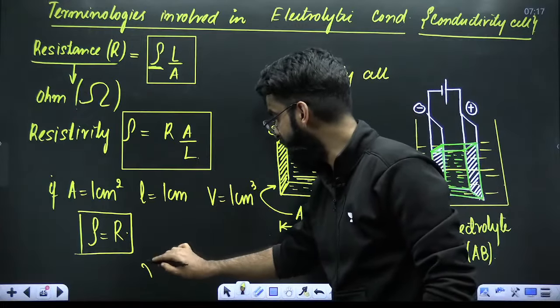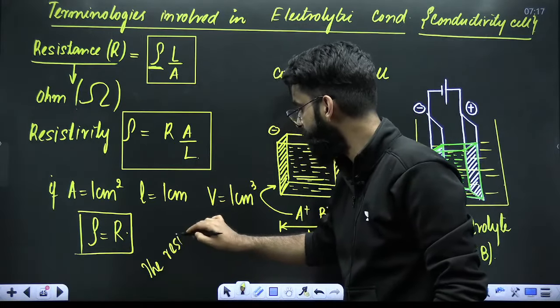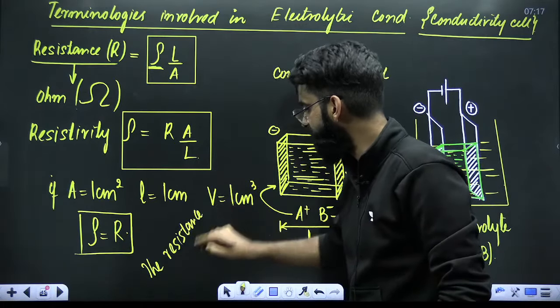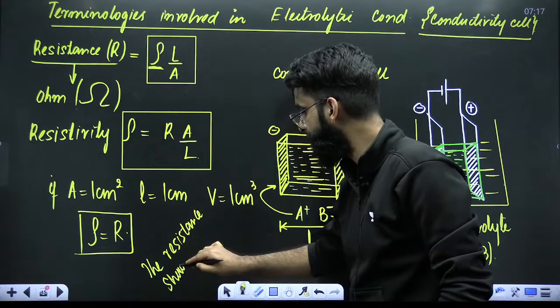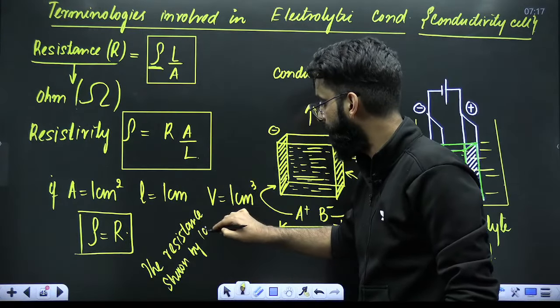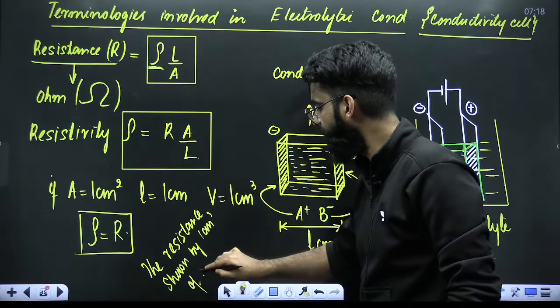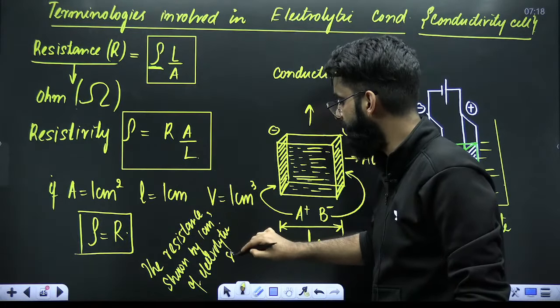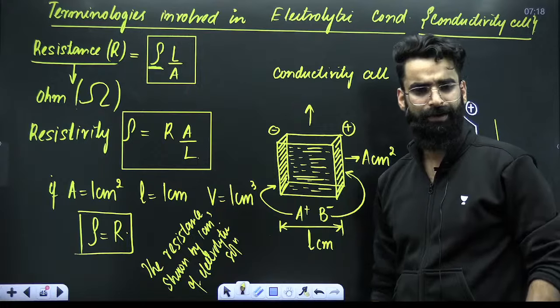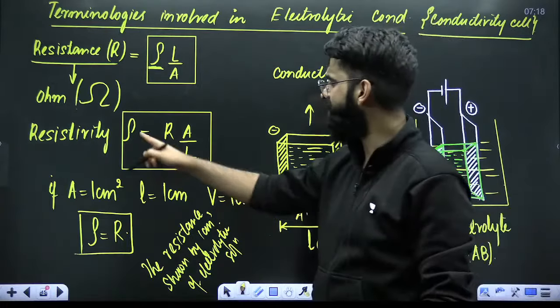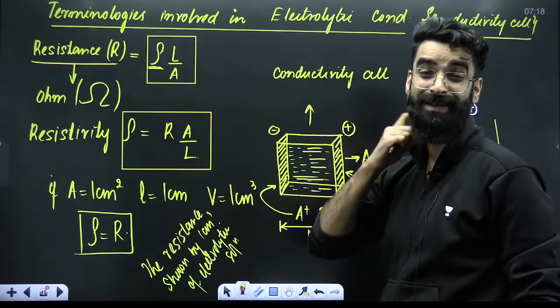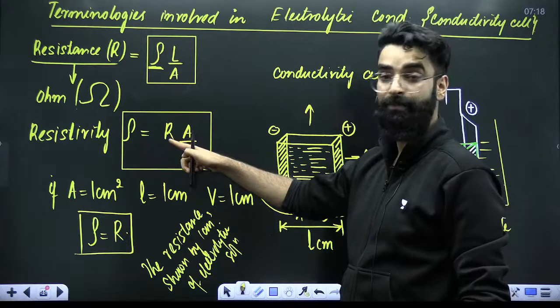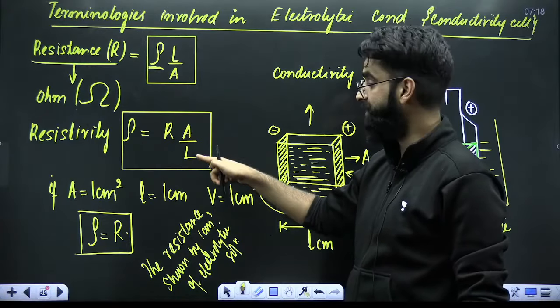Right? So it is the resistance shown by 1 centimeter cube of electrolytic solution. Can you let me know what will be the units of resistivity? R is ohm, A is centimeter square, L is centimeter.